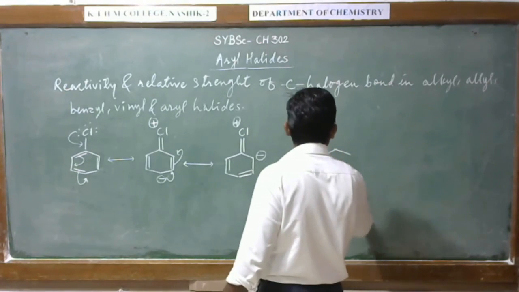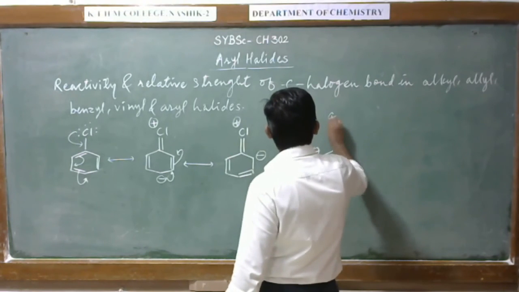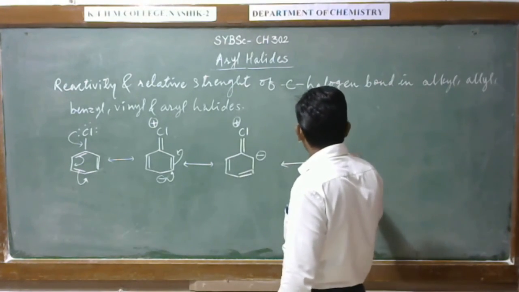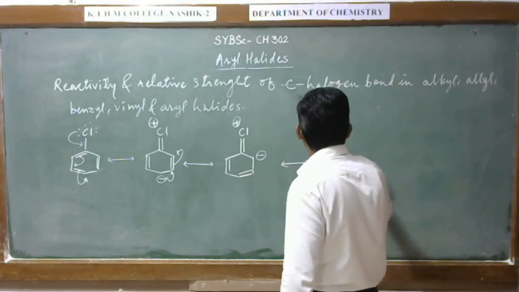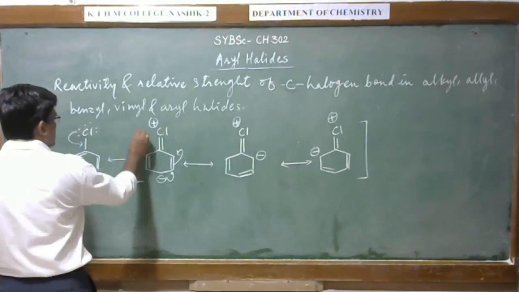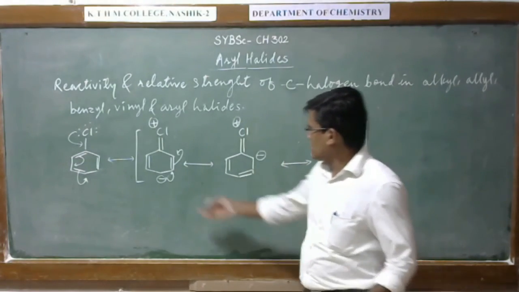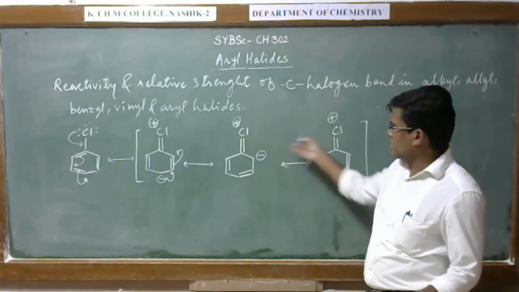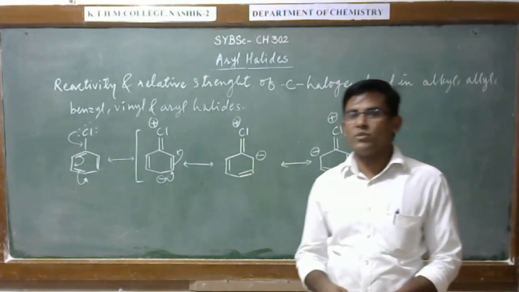One more, here we can show. So out of these 4 structures, these 3 are the resonating structures. So in these 3 structures, this carbon-halogen bond shows the partial double bond character.